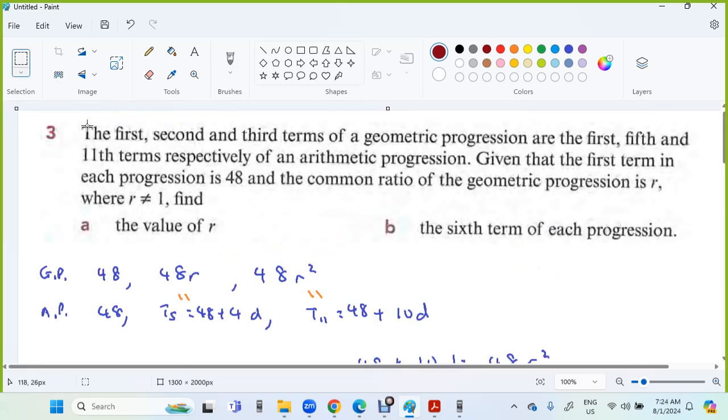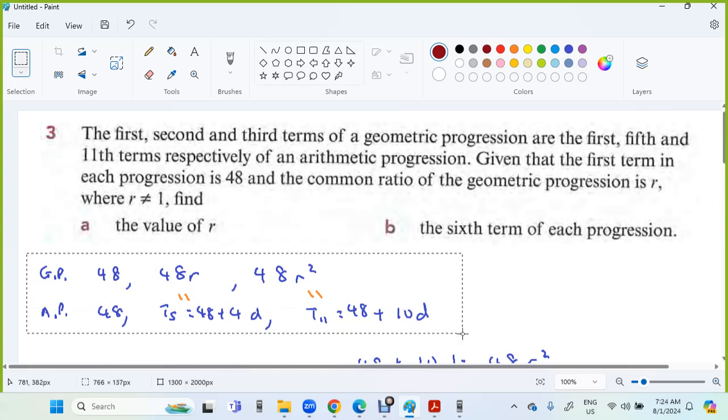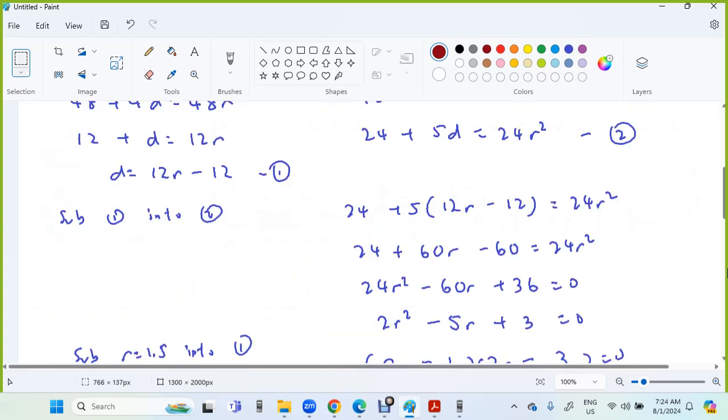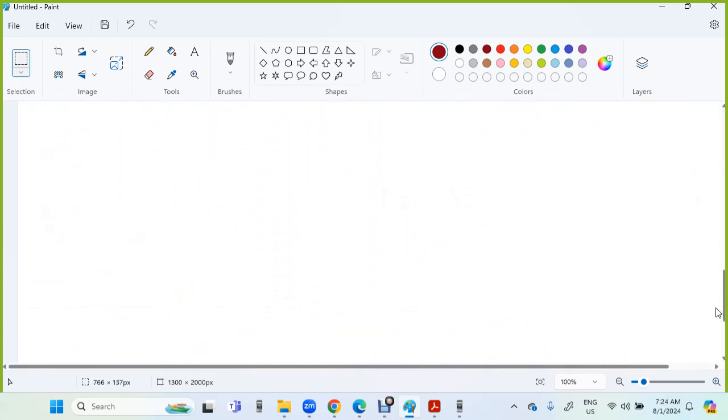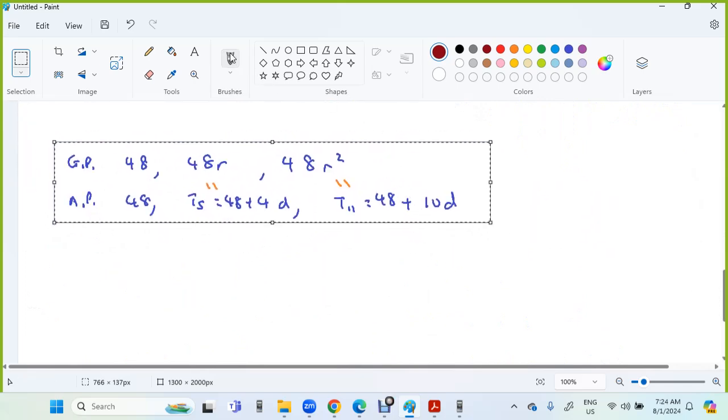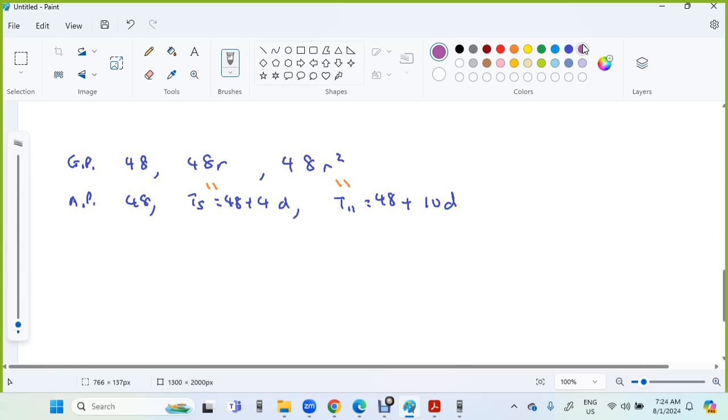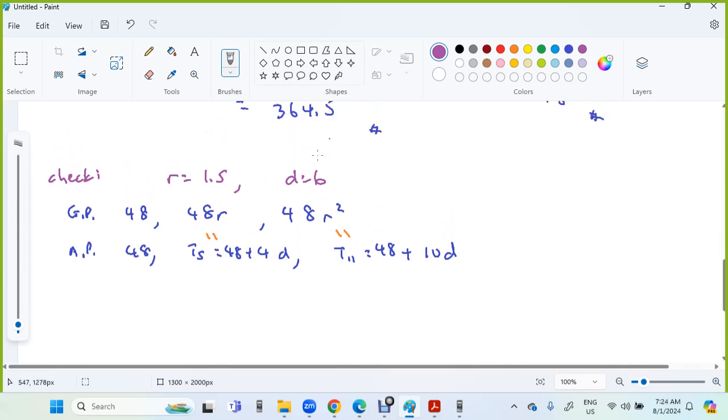So the question tells us that the first term, second term, and third term of the GP are the first term, fifth term, and the 11th term of the AP. So we can check this one, whether the value that we get is correct or not. The r is 1.5 and the d is 6.